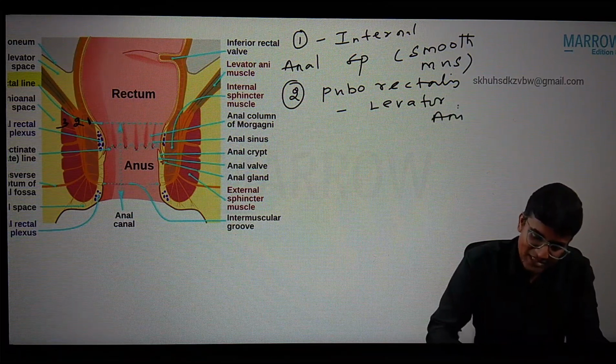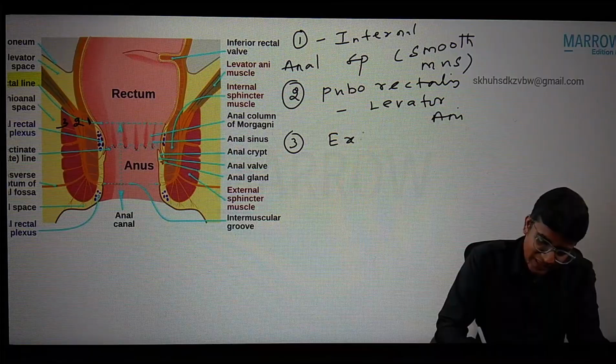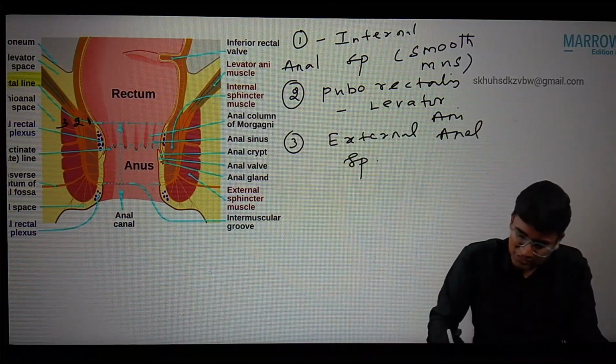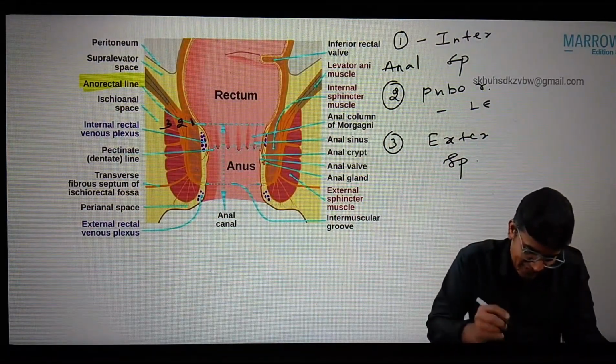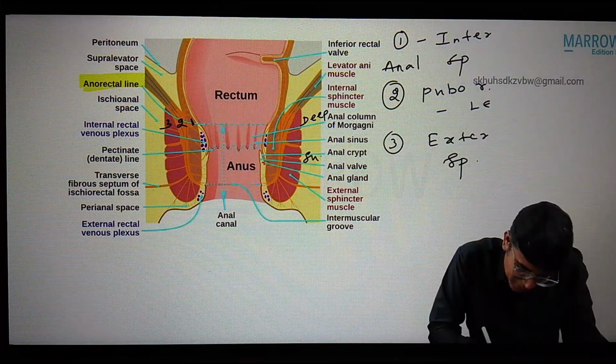Number 3, the external anal sphincter. The external anal sphincter has three parts. See the diagram. Now this is the deep part. This is the superficial part.